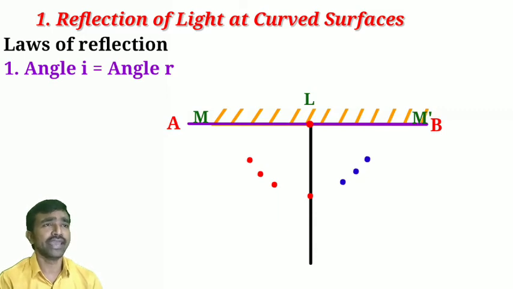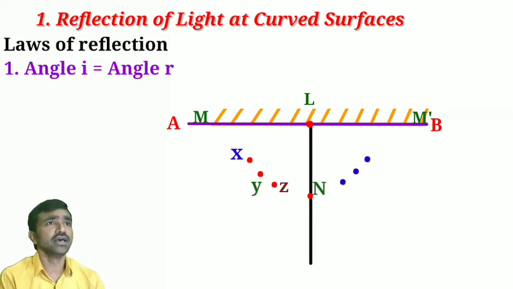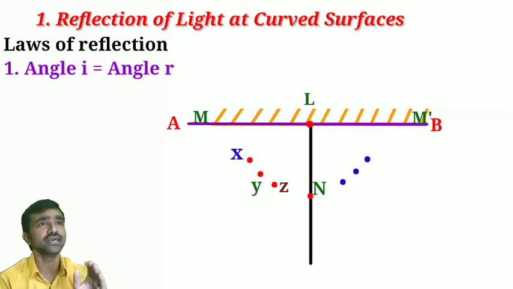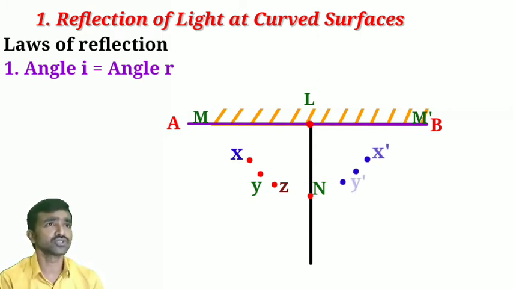Identify them as X, Y, Z, and 90 degrees as N. Don't go to the other side of the 90 degrees line. On one side only we remember them as X, Y, Z and N. On the other side we will give X dash, Y dash, Z dash, and so on. So three angles are recognized, including 90 degrees: 30, 45, 60 and 90 degrees, identified as X, Y, Z and N.